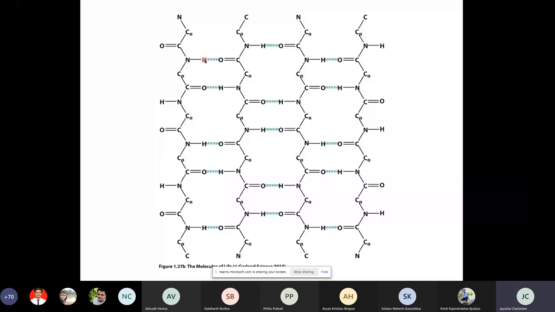Where the NH and CO of this amino acid are satisfied by the formation of a hydrogen bond with this polypeptide, and the NH and CO of the flanking amino acid are involved in a hydrogen bond with the next one, and so on and so forth. So this chain runs in this direction, this chain runs in this direction, and this chain runs in this direction. All these arrows are running in opposite directions. So this is called an anti-parallel beta sheet.